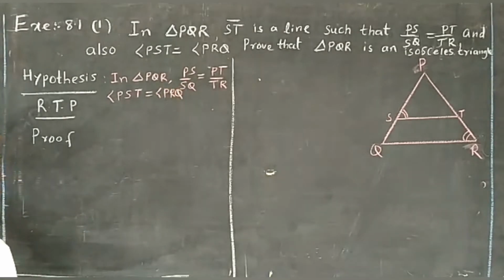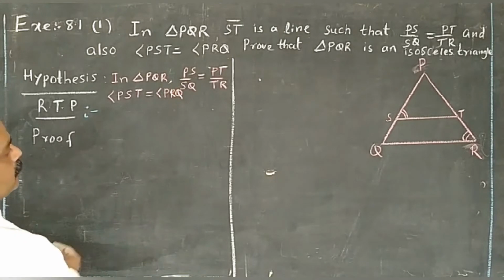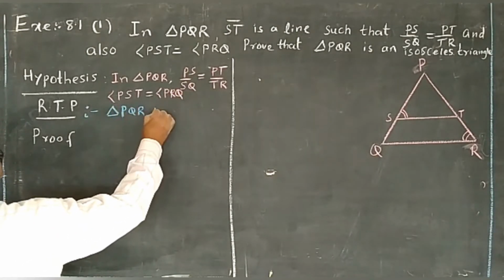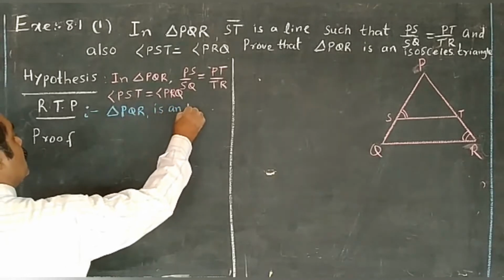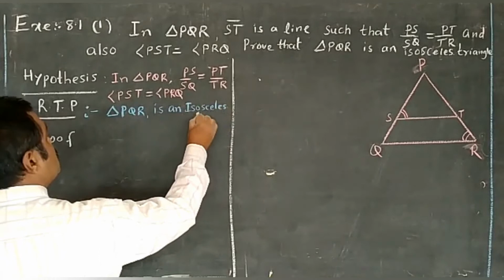This is given. What is required to prove is that we have to show triangle PQR is an isosceles triangle.